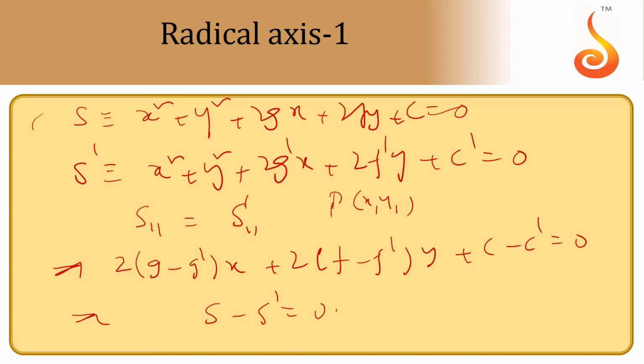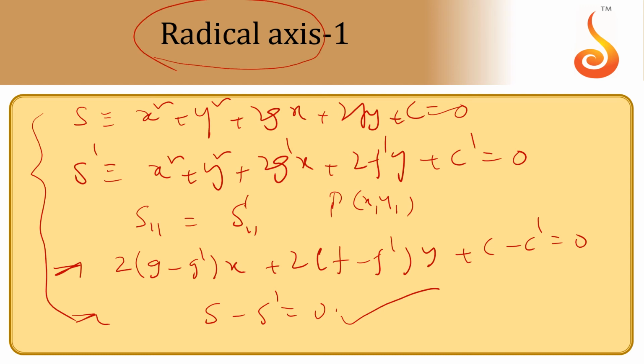See this procedure. I did not keep any figure for this. Whatever may be the figure, if I calculate the locus of the points whose powers are the same with respect to two circles, I am getting a straight line whose equation is S minus S dash equal to 0. So that is called radical axis.